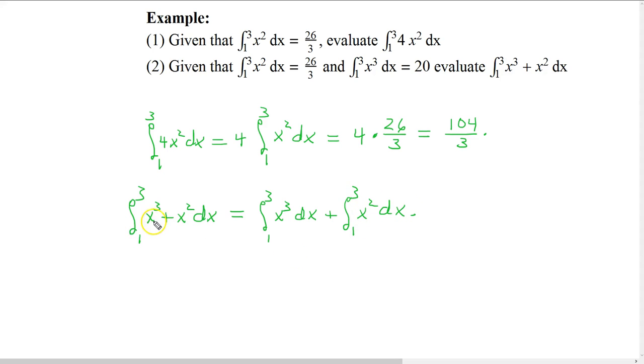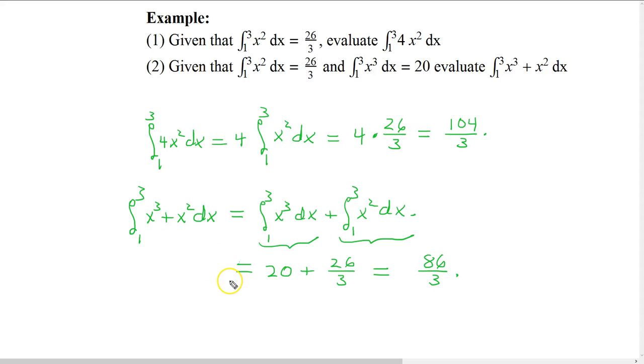We can just distribute our definite integral to both functions, and then this is 20 plus 26 over 3, and finding a common denominator, that's going to be 60 plus 26 divided by 3, so 86 over 3.